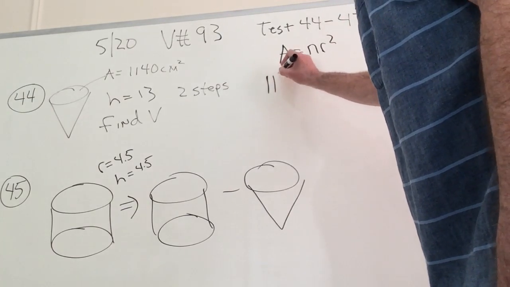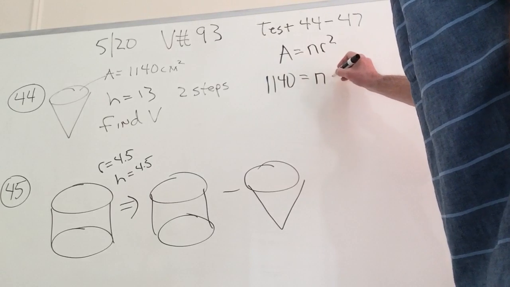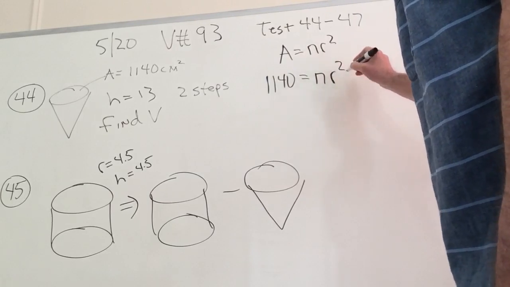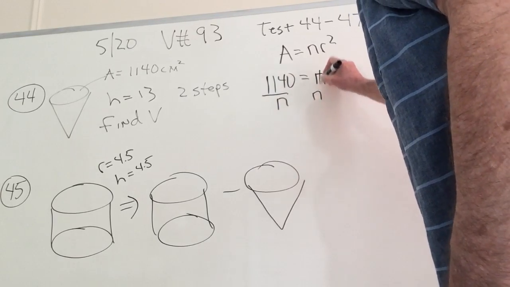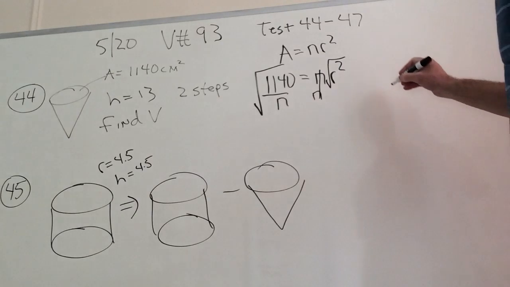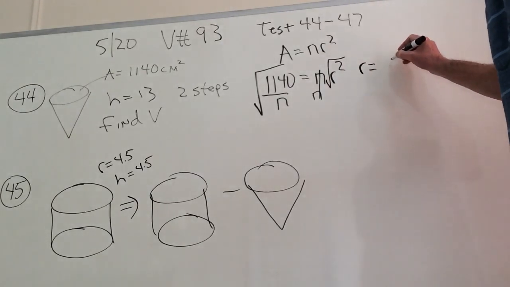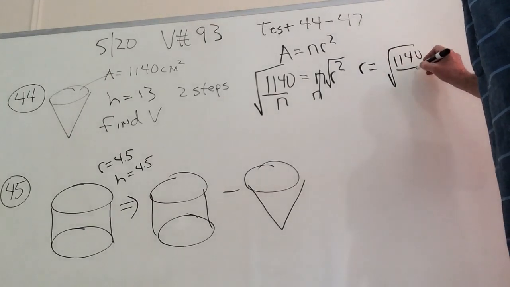The area they gave you. It's in centimeters squared. They made it very clear what was going on. Equals pi r squared. So when I divide both sides by pi and take the square root, as you've been taught so many times, then r is going to equal this irrational number that we've talked about so much.